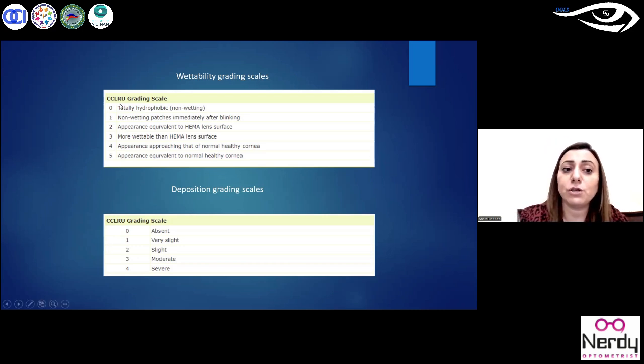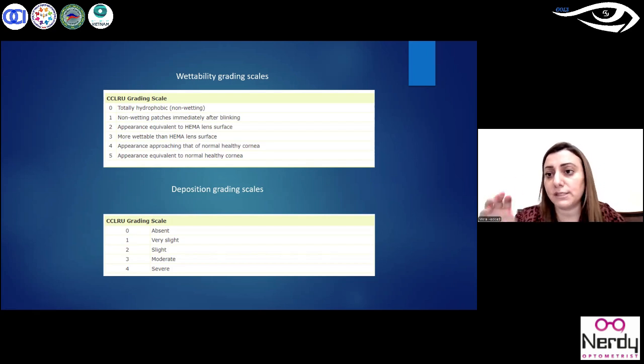It goes from 0 to 5 for wettability, from 0 totally hydrophobic surface to totally hydrophilic surface, equivalent to normal healthy corneas. Whereas the CCLRU grading scale for deposits goes from 0 to 4, and it provides the amount of deposits, from absent deposits to severe deposition, which is number 4.